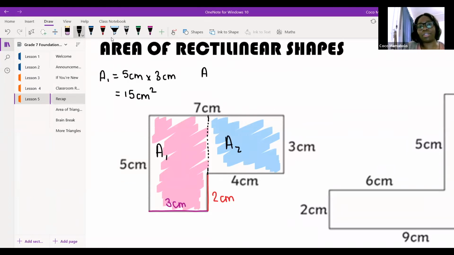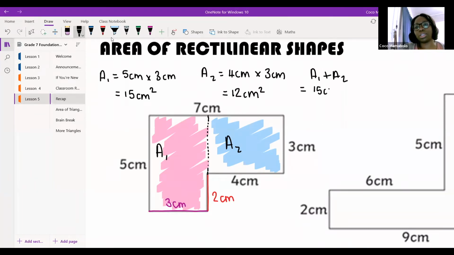And the area of A2 is 4 centimeters multiplied by 3 centimeters, which is equal to 12 centimeters squared. Then we add the 2 areas together to get the area of the whole shape. So A1 plus A2 is equal to 15 centimeters squared plus 12 centimeters squared, and that is equal to 27 centimeters squared.